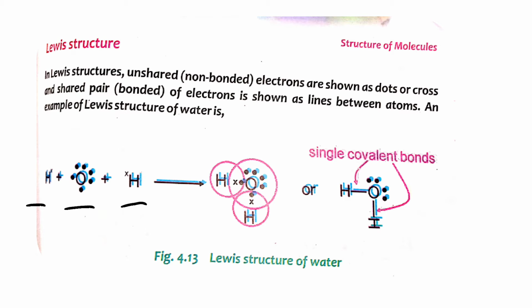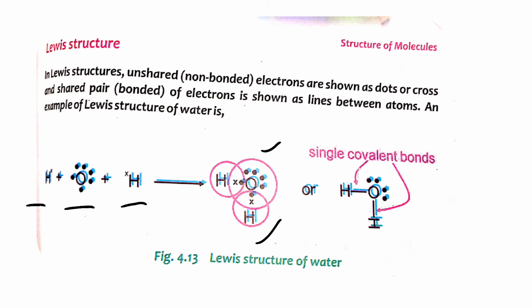Look here at how to draw the Lewis structure of H2O. This is the oxygen atom having 6 electrons, and the 2 hydrogen atoms are sharing their electrons. This cross with the hydrogen is the electron of one hydrogen, and this cross is the electron of the other hydrogen.